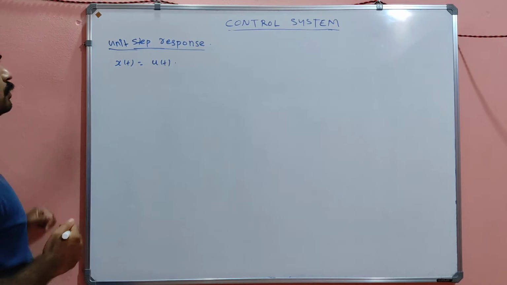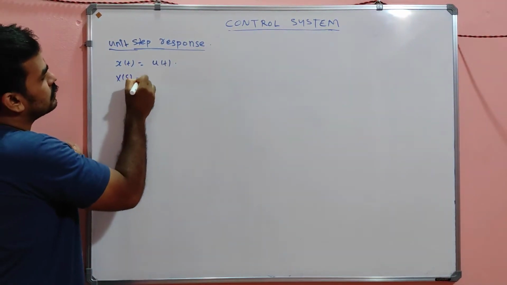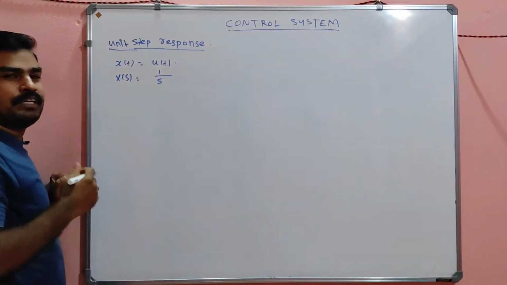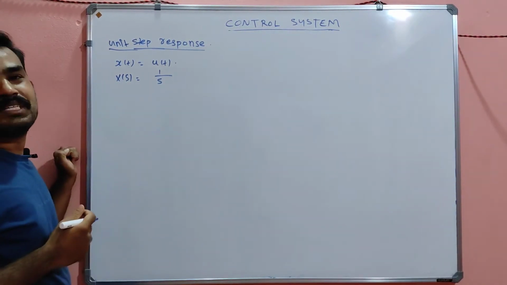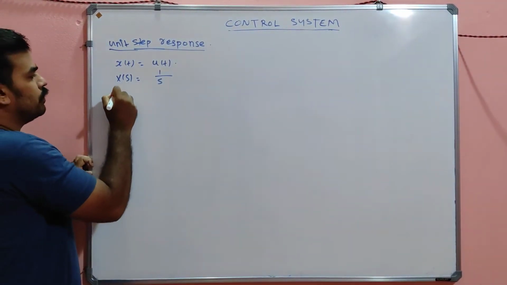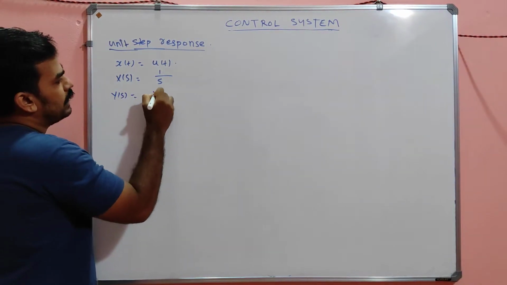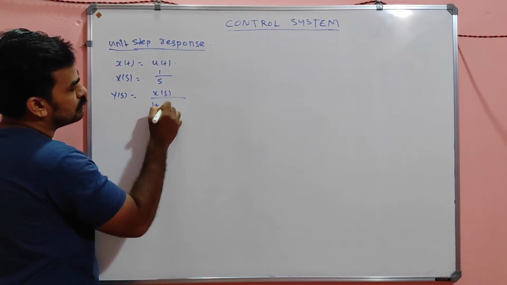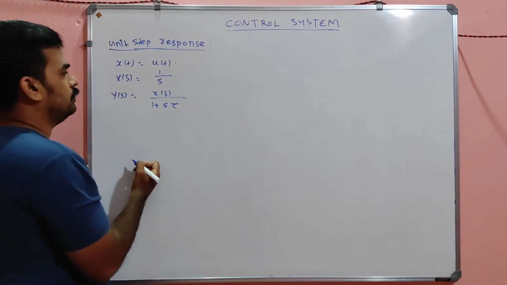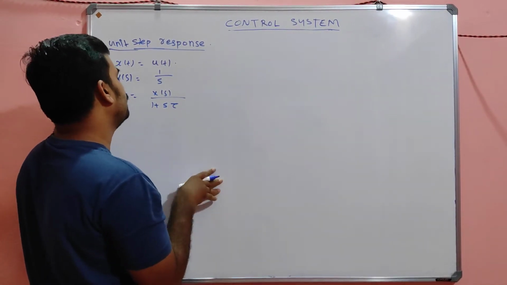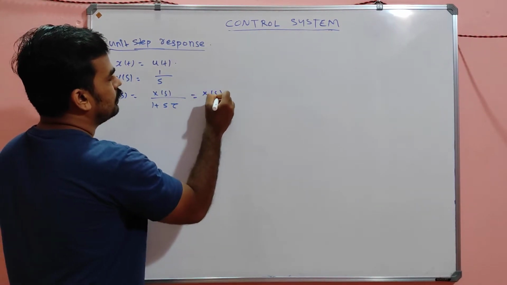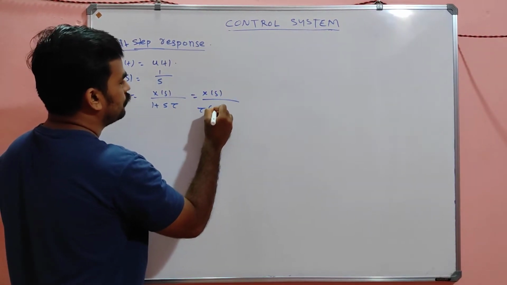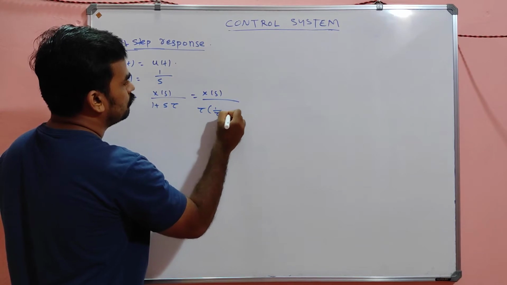So what will be x of s, my dears? For u of t the Laplace transform is 1 by s, correct? So what is y of s now? X of s divided by 1 plus s tau, which is nothing but x of s divided by tau into 1 by tau plus s, correct?